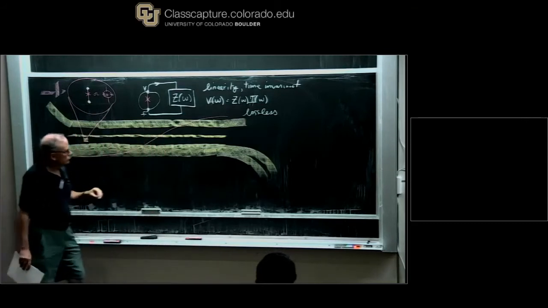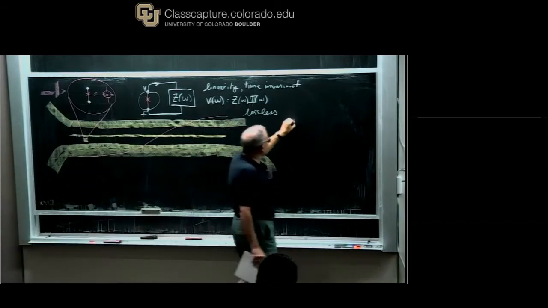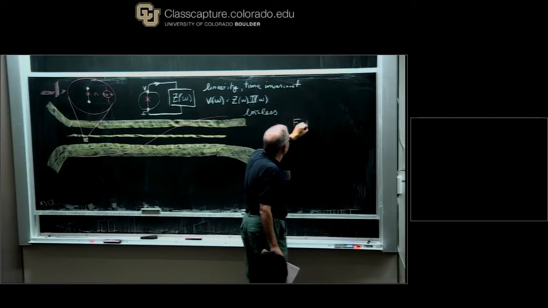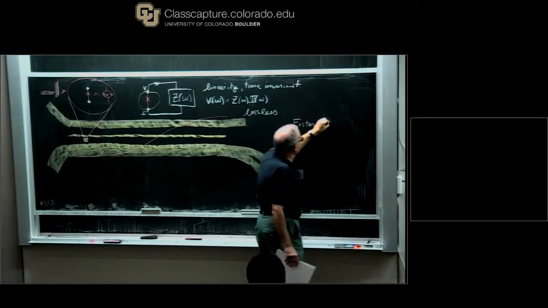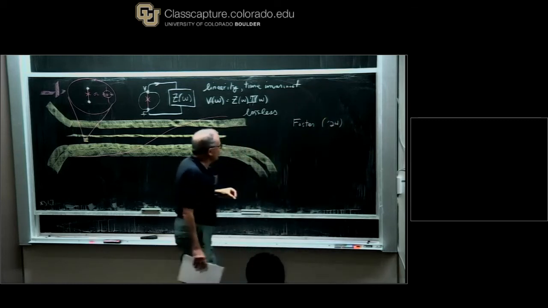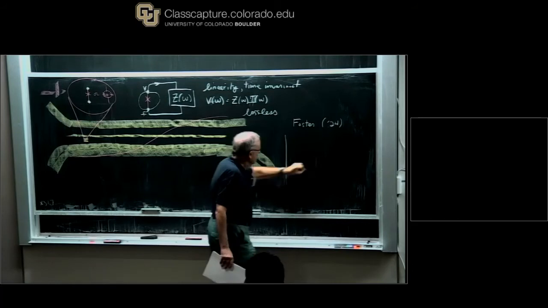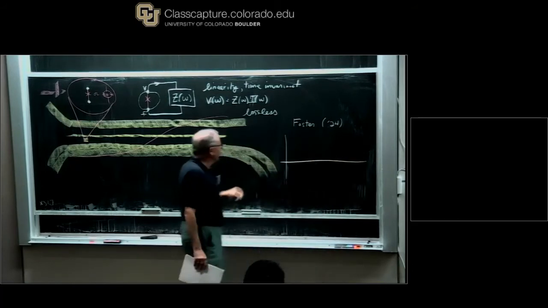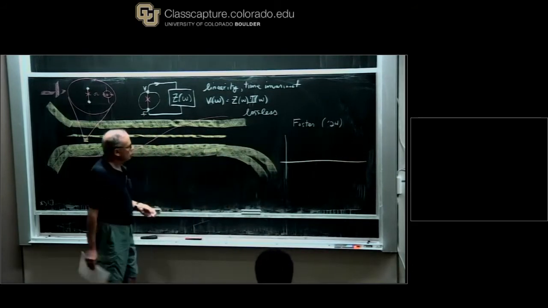That gives a Z of omega of a particular form. And this is what Foster said in, I don't know, I'll say 1924, but I'm not quite sure of that, plus or minus a couple of years. He observed a series of facts, and it seems like all of them together are considered the Foster theorem.